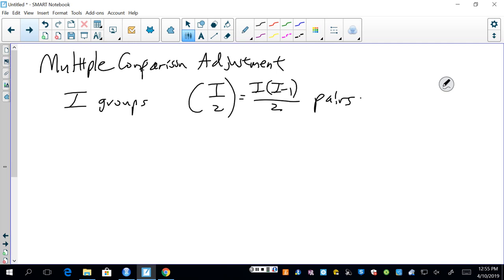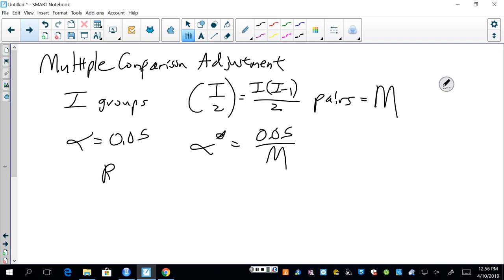And let's just call that M for multiple comparisons. We're going to take the alpha, and we want at most a 5% chance of making any mistake. All right, we're going to use a new alpha of 0.05 divided by M.